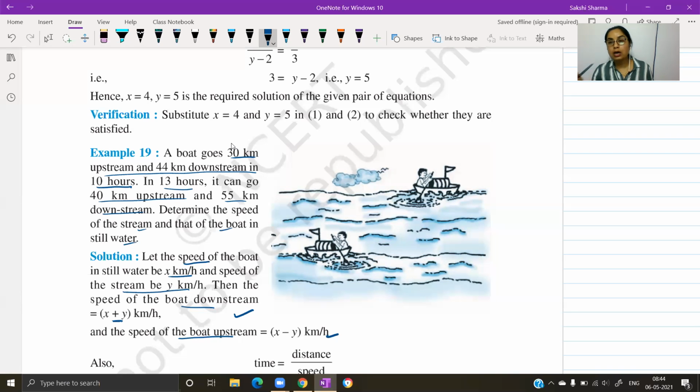If both are going in the same direction, the speeds are added together. If the boat is going against the stream of water, the speed of the boat is always reduced. Keep in mind, first you have the boat's speed, and from that you subtract the speed of the stream.